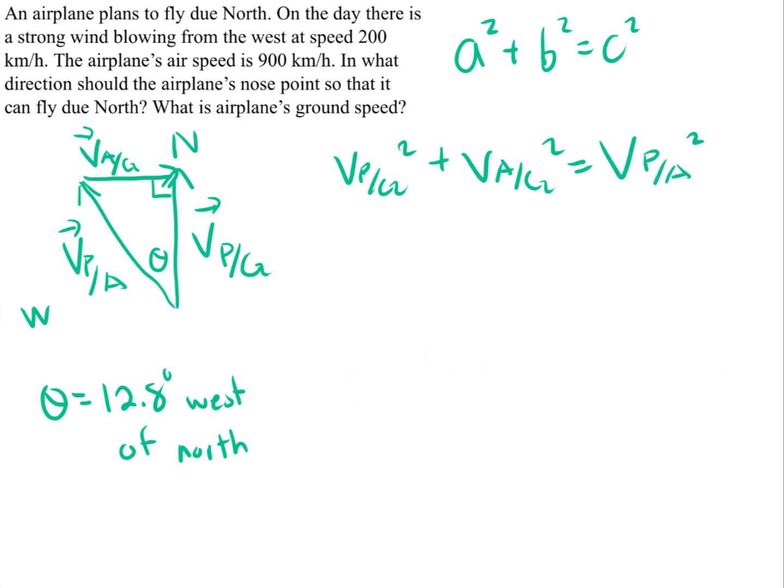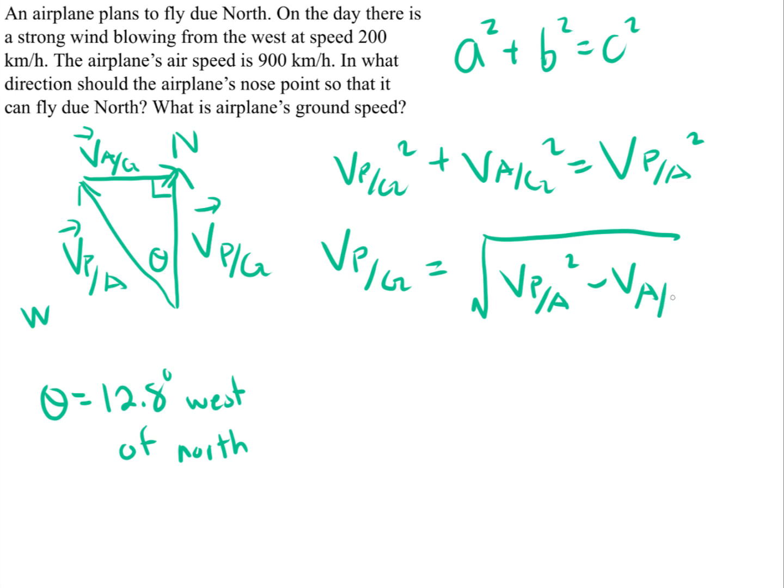Now from there, we just need to rearrange to solve for the plane's ground speed. This will give us the magnitude of the plane's ground speed. So the plane's ground speed is equal to the square root of the plane's airspeed squared minus the speed of the wind squared.